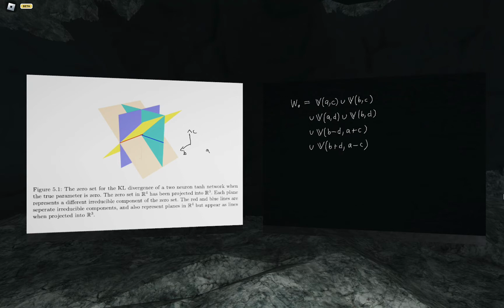A, B, C. Right, so what is yellow? Yellow is, you say, A equals C. This guy, right? So we'd have A minus C, and B is equal to minus D, and D is not in the picture.